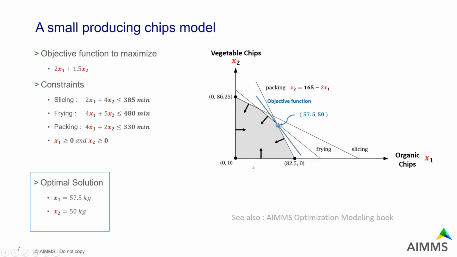So when we solve this simple model, we could find that the optimal point would be 57.5 kilos for x1 and 50 kilos for x2. What we can see as well is that the objective function slope here is determined by those coefficients in front of our variables.